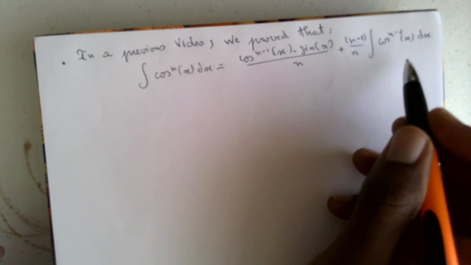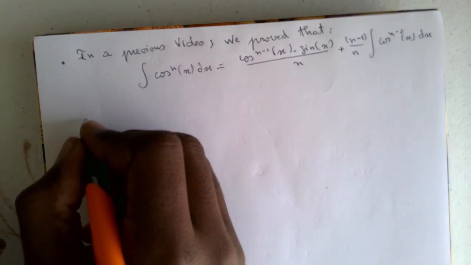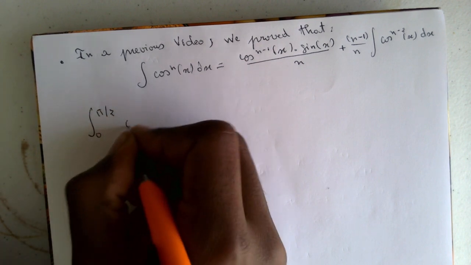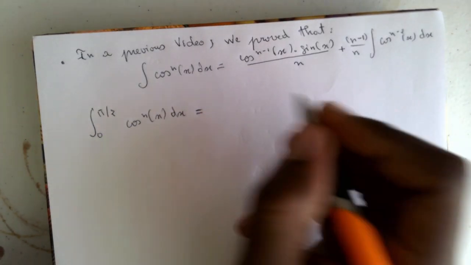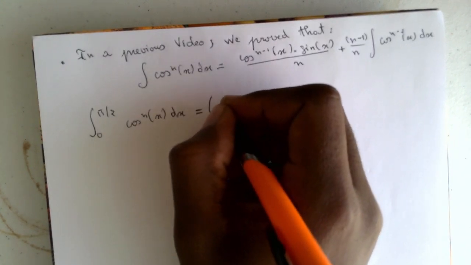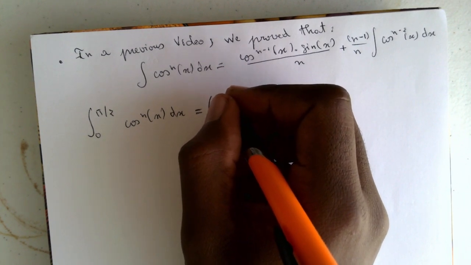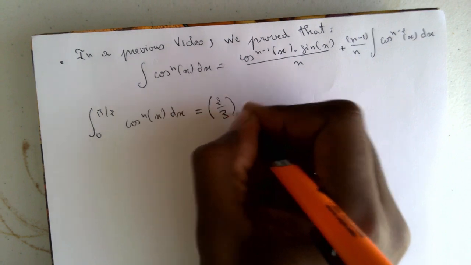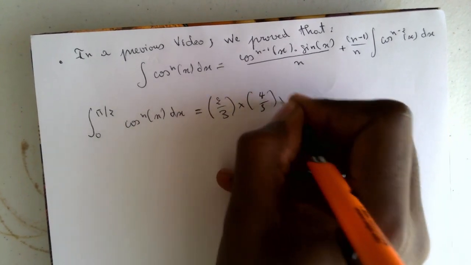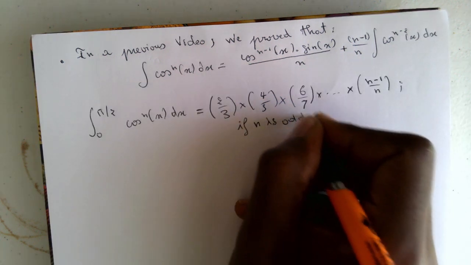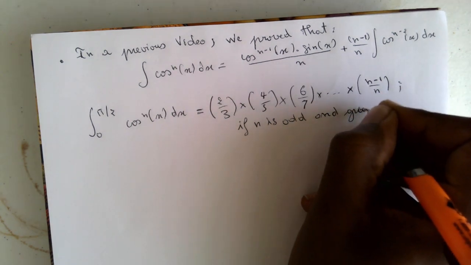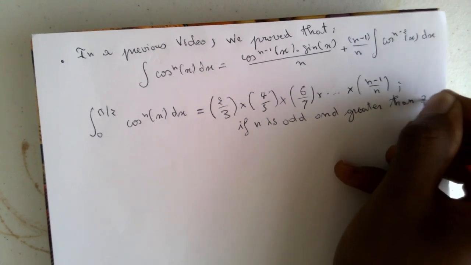We're going to use this result to prove that the integral from 0 to pi over 2 of cos to the power n of x dx equals 2/3 times 4/5 times 6/7 times and so on up to (n minus 1) over n, for n odd and n greater than or equal to 3.